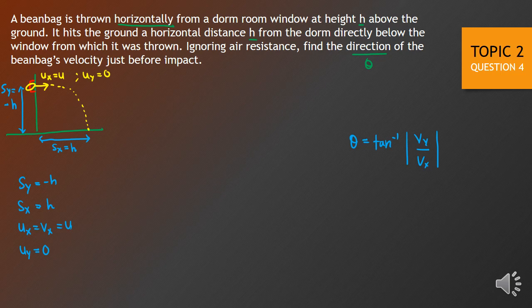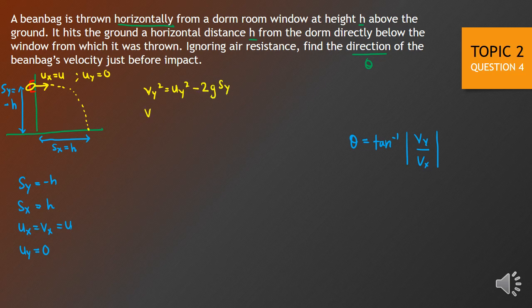Firstly, we can find our final velocity using SUVAT. So vy squared equal to uy squared minus 2gsy.